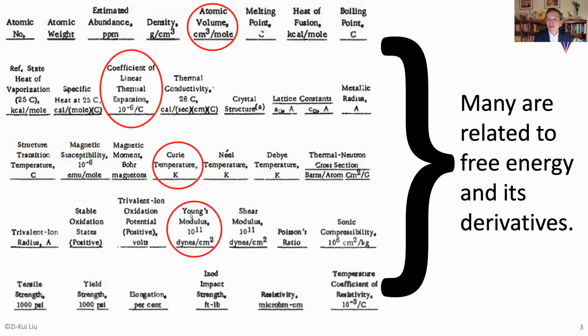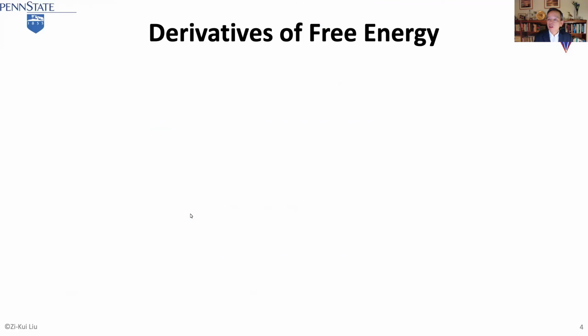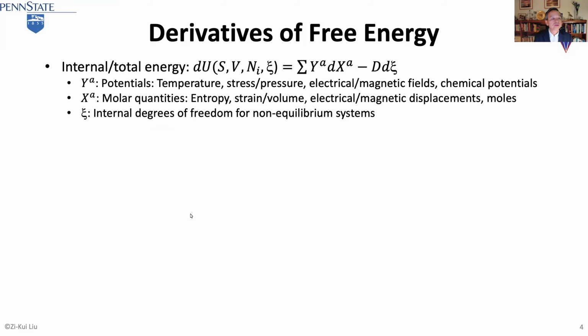As you may know, many of them are related to free energy and its derivatives. So let's look at the derivatives of free energy. We first look at the combined law of thermodynamics in terms of internal energy.